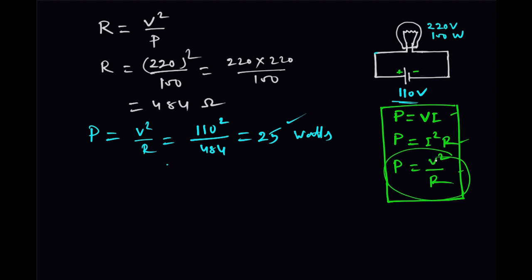You can see from this formula that the power is proportional to the square of the voltage. If the voltage is made 2 times, then the power will be 4 times, and if the voltage is reduced by half, power will become 1/4.